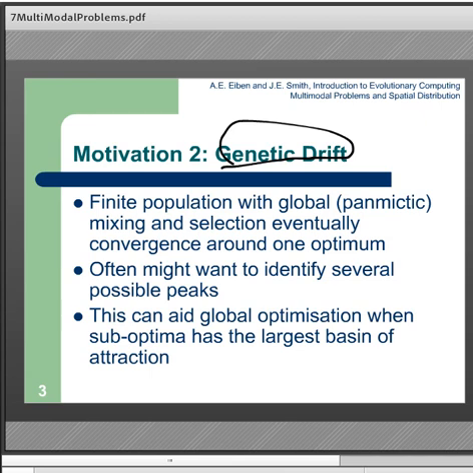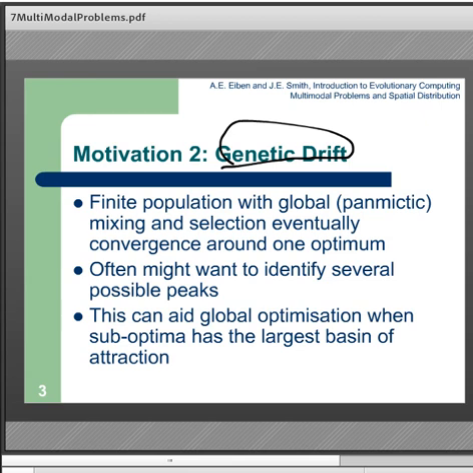Genetic drift refers to the fact that selecting genes by random causes some genes to diminish, or we lose some good genes, because we select genes by random selection, by combination or by mutation.